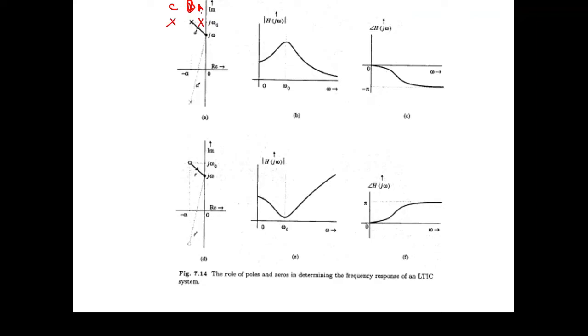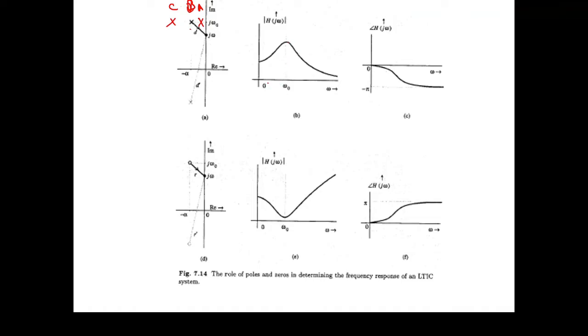If you see the pole at A, its distance from the j omega axis is very small. So what will happen? The gain will be highest. As we move to B, it will be slightly lower than A, and as we move to C, the gain will come down.